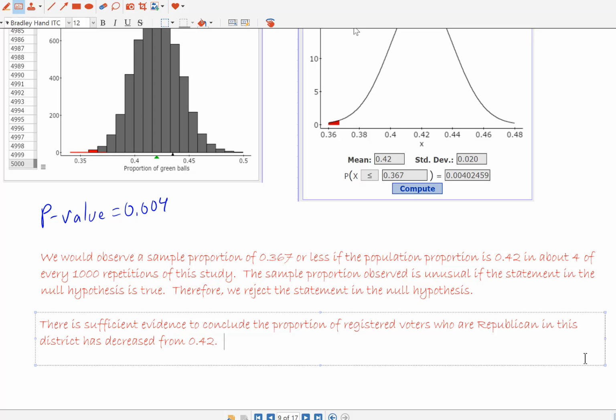In other words, it's some value less than 0.42. We don't know what the value is, we just know it went down. So if you were the Democrats in control, mission accomplished.